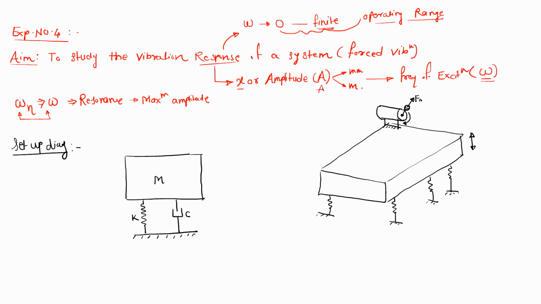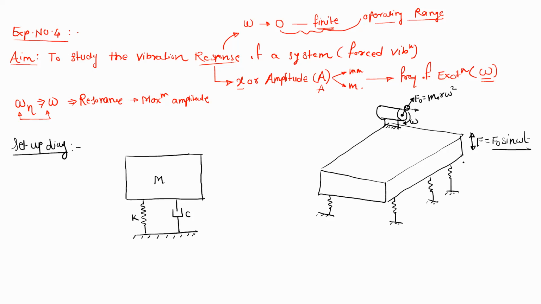This value is F0, which is equal to m0 r omega square. Here m0 is the eccentric mass, r is the eccentricity, that is the radius of this mass, and omega is the speed. This is called the exciting force. Because of this exciting force F0, this system will oscillate. F is equal to F0 sine omega t.